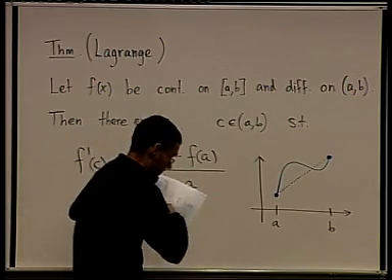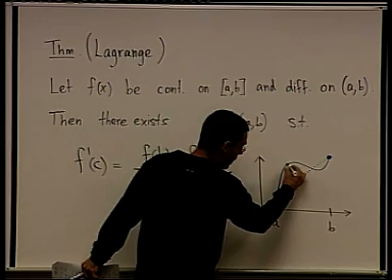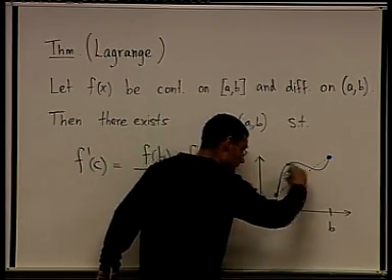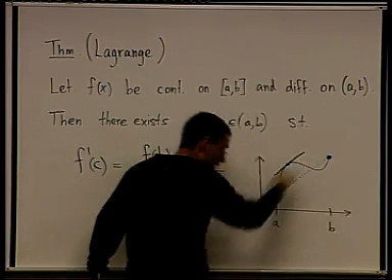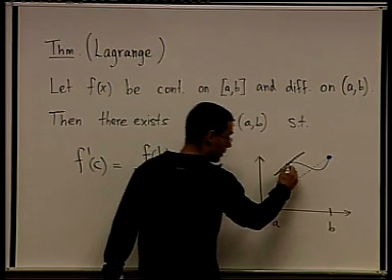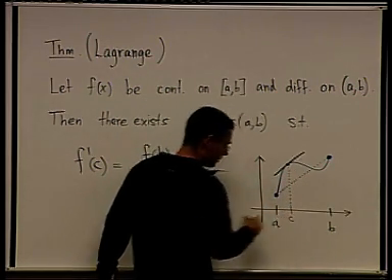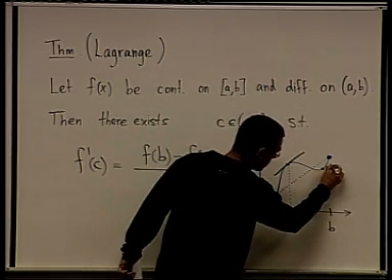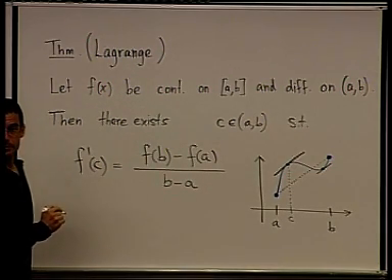So the statement is there's going to be a point here where the slope of the tangent line is not 0, but it's parallel to this line. And likewise in this picture here. So that's this statement. Do you agree?